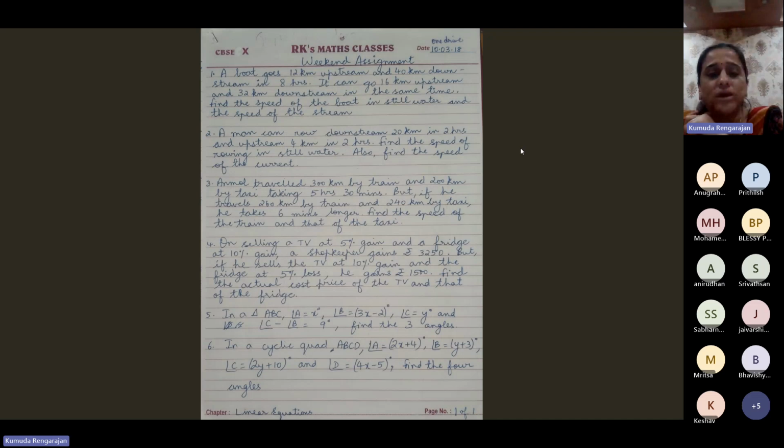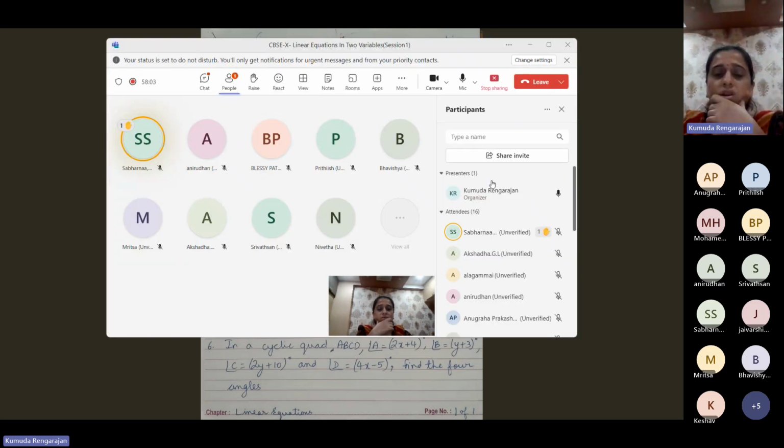A boat goes 12 kilometers upstream and 40 kilometers downstream in 8 hours. It can go 16 kilometers upstream and 32 kilometers downstream in the same time. Find the speed of the boat in still water and the speed of the stream. How many of you have already seen a question like this in school? Raise your hand.